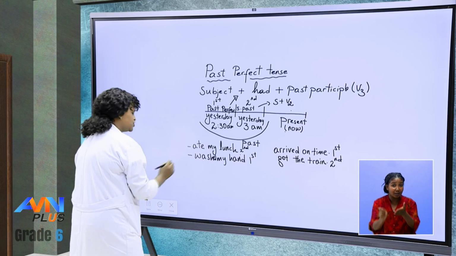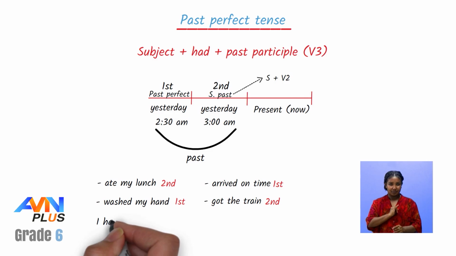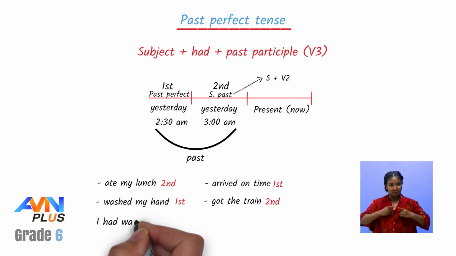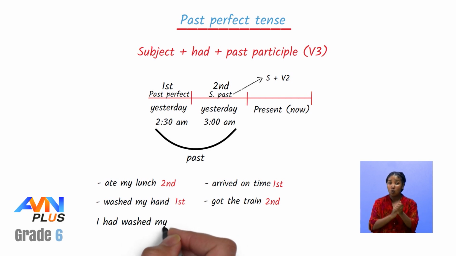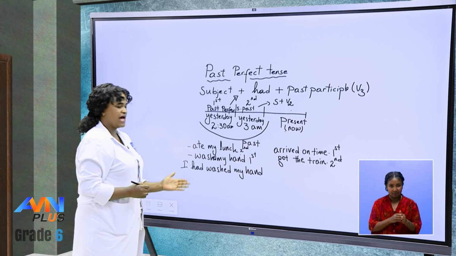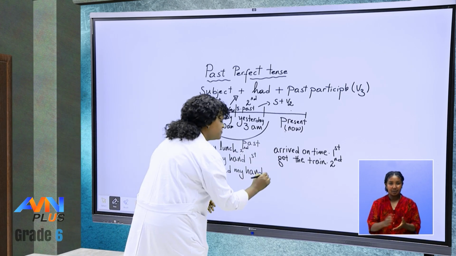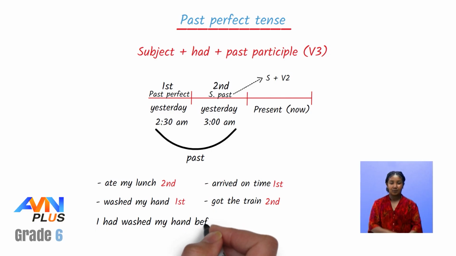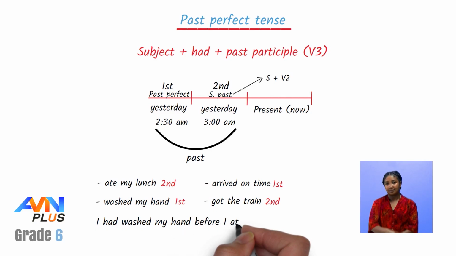Let us use this form: I had washed my hand before I ate my lunch.